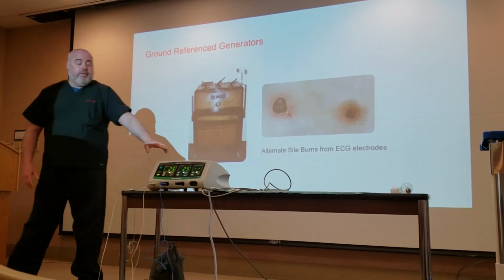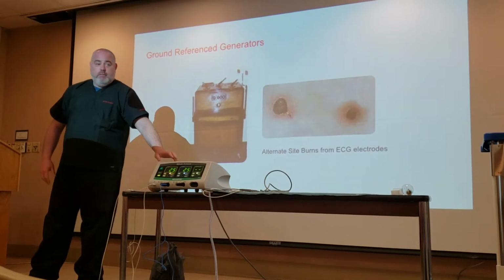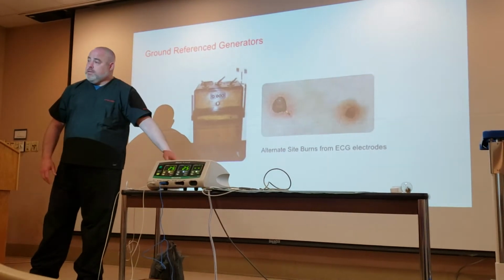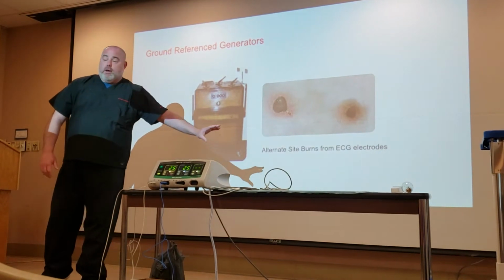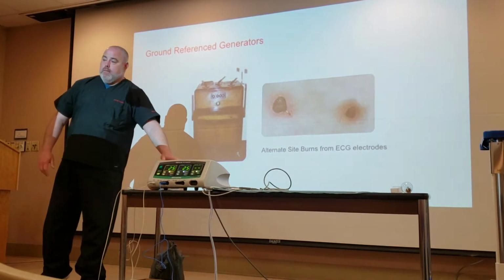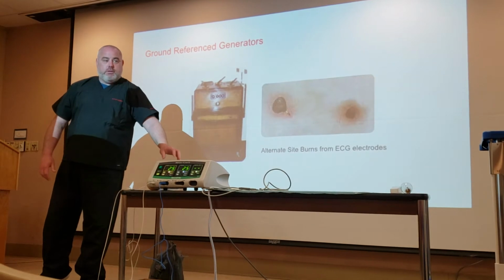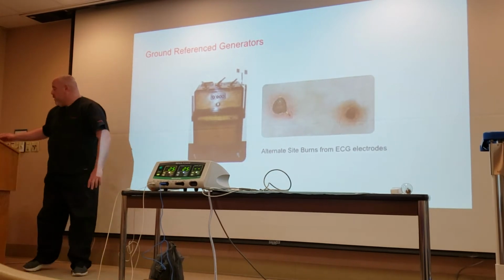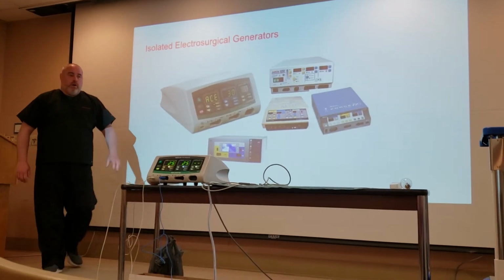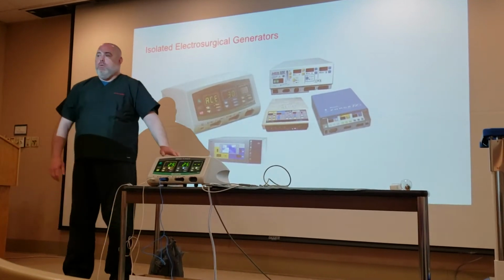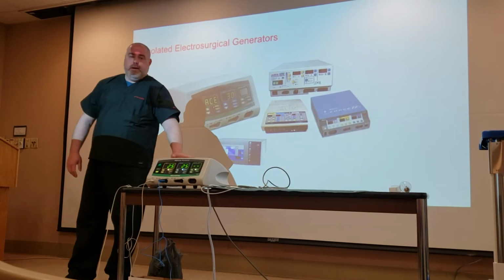Now, we talked about this converting electricity out of the wall from 60 cycles to 400,000 cycles. We take the ground out of this and put it here, which is a huge safety improvement. So we call these now isolated generators. The ground's not taking place in the wall anymore. It's taking place here.